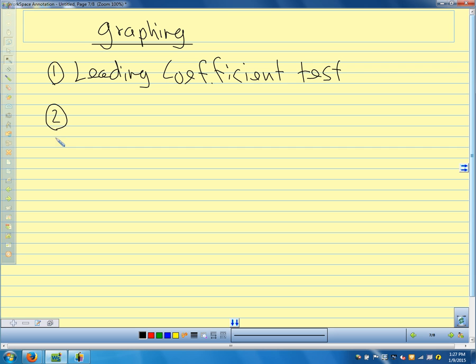Two, we want to find the x-intercepts, so we want to find where a graph crosses the x-axis. We do that by setting y equal to 0 and solving. Three, we want to use our multiplicity of our roots to decide does the graph cross or touch.